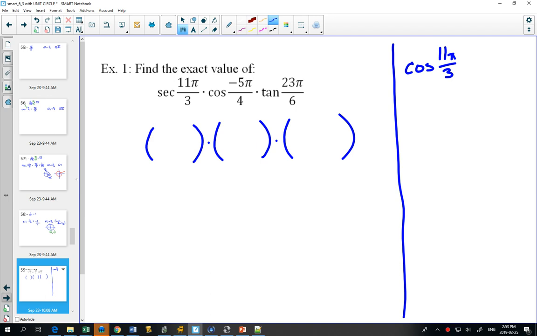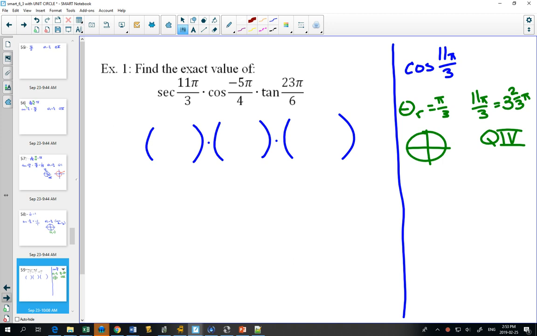Some things that you know about cos of 11 pi over 3. You know that the family is pi over 3. You know that 11 pi over 3 can be written as a mixed fraction, 3 2/3 pi. If I wrote it as 3 2/3 pi, that tells me it's in quadrant 4. Right?